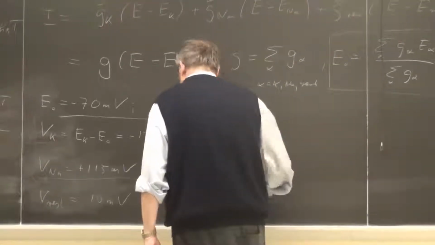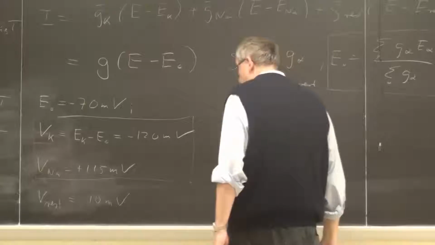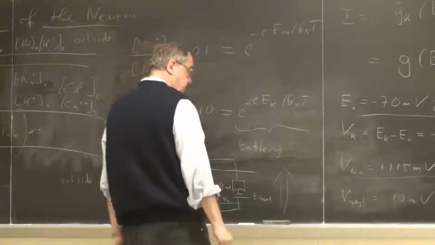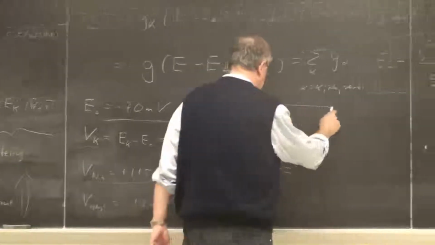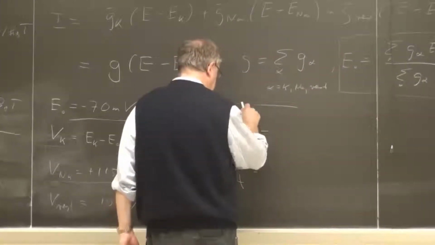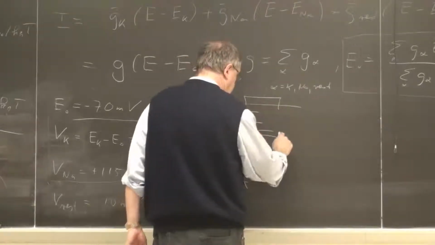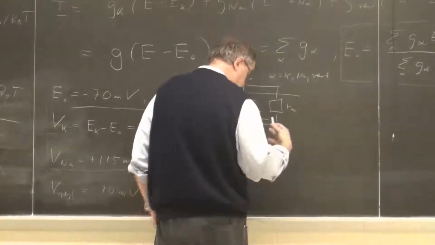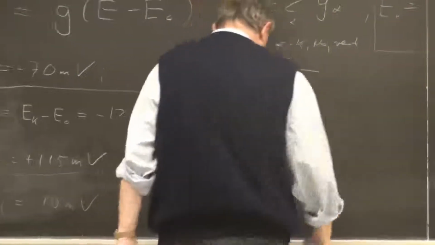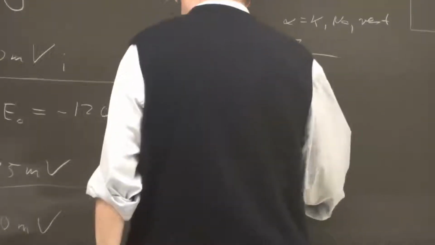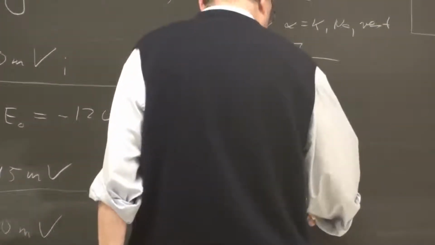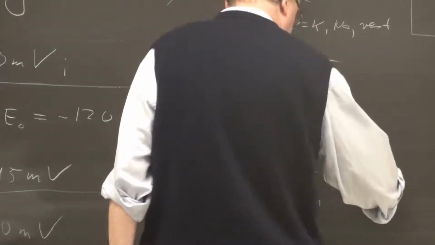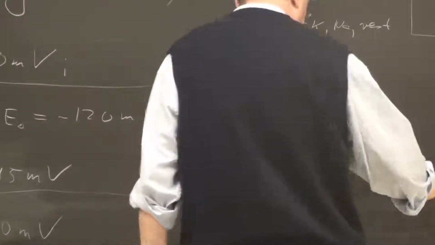I bring the C over here, is equal to, and now I call this one here the capacitance, and here the membrane resistance, and then we have this one plus 1 over C R_membrane times (V minus V0) is equal to 0.